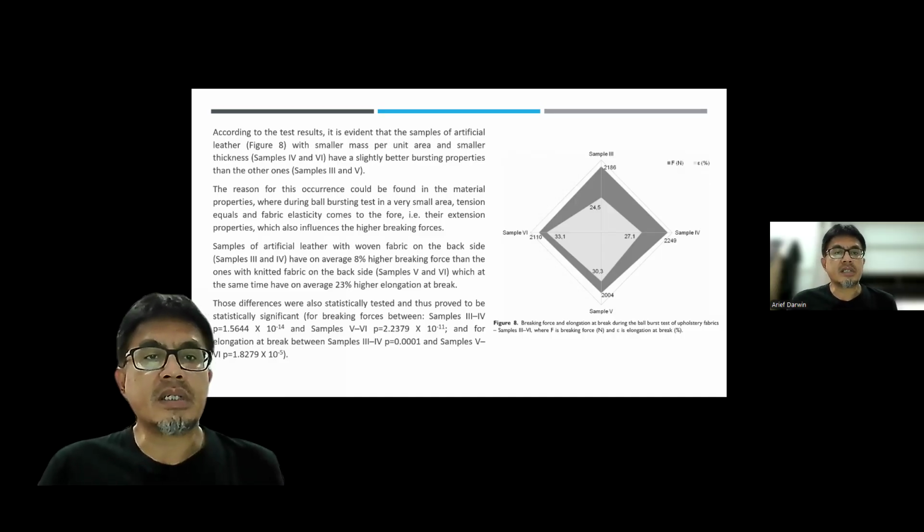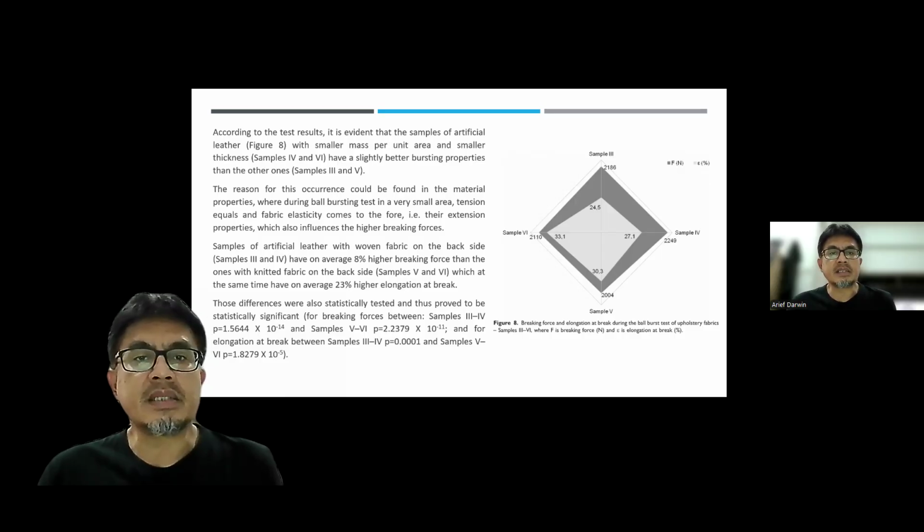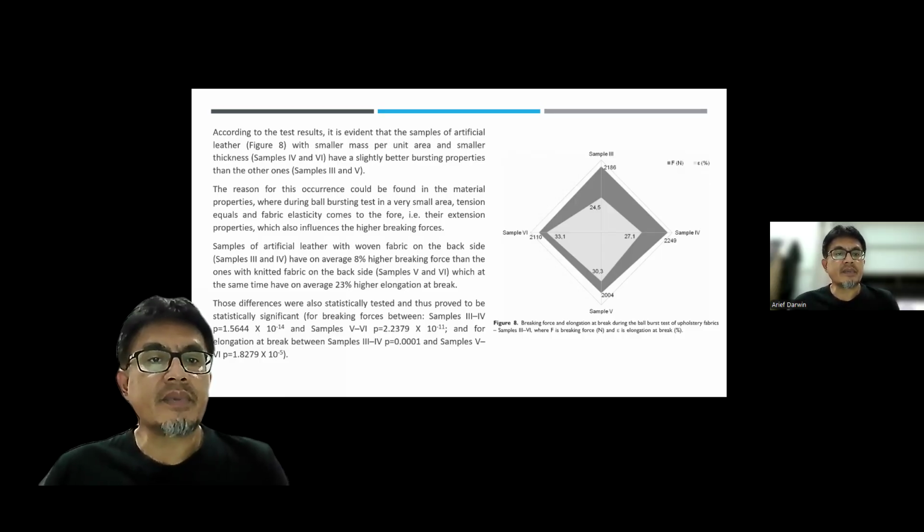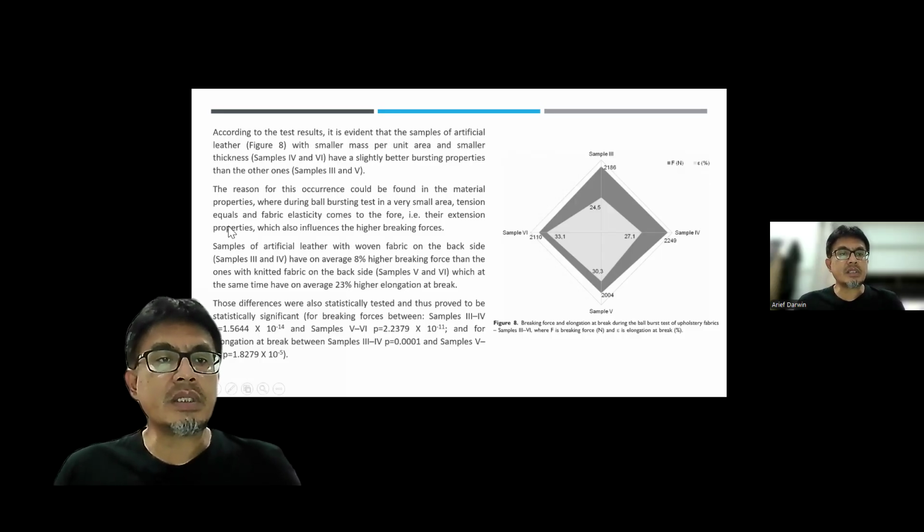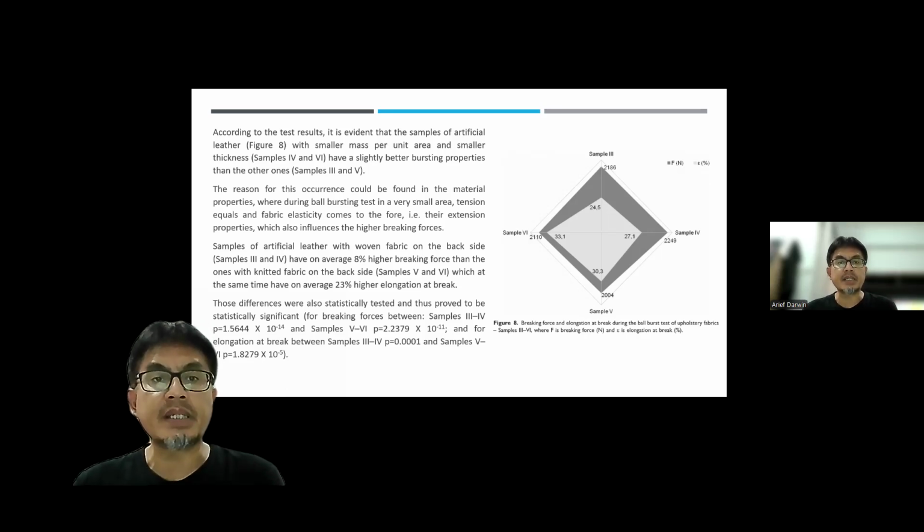The reason for this occurrence could be found in the material properties, where during the ball bursting test in a very small area, tension is equal and fabric elasticity comes to the fore, i.e. their extension properties, which also influence the higher breaking force.